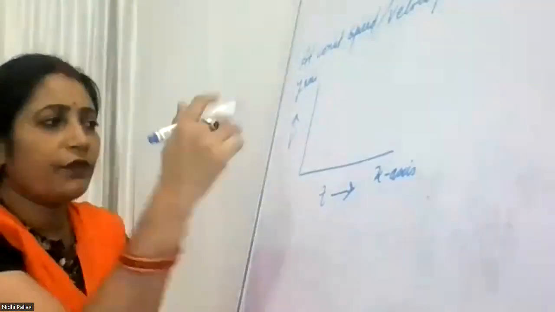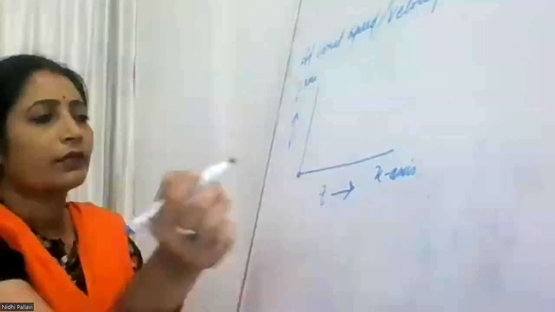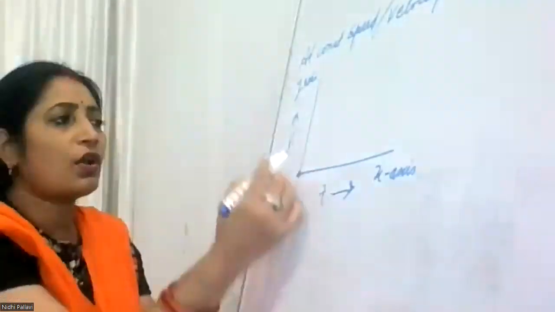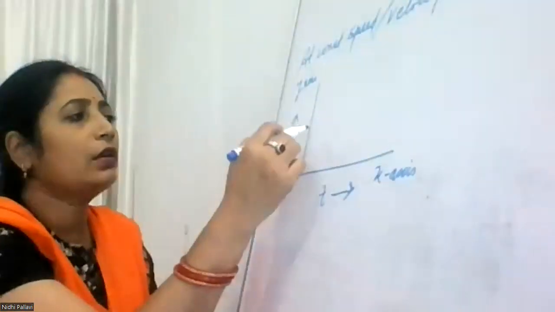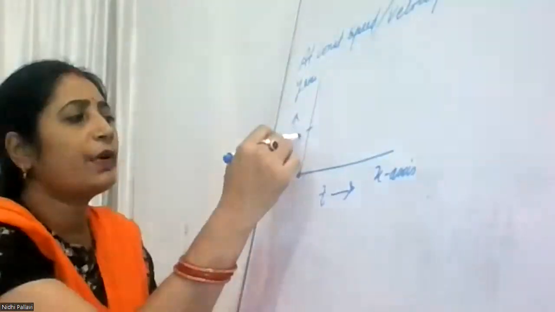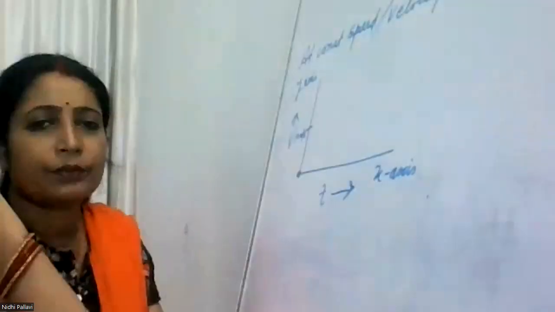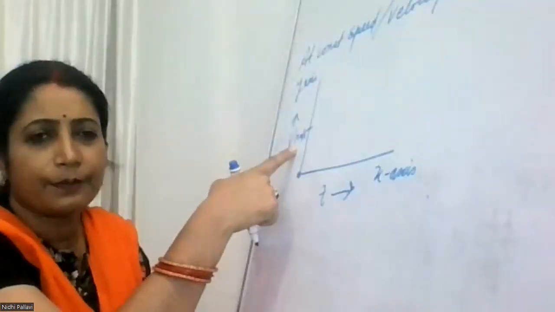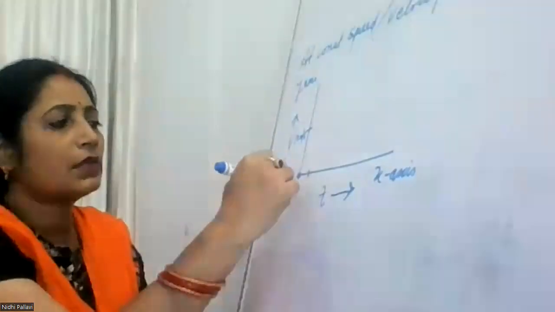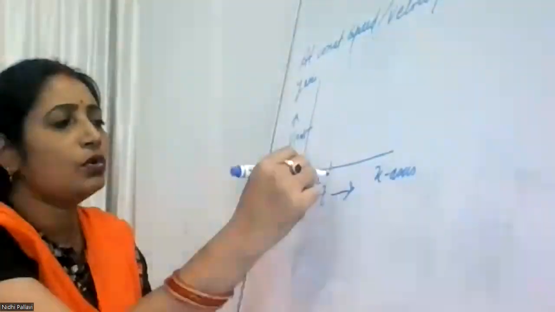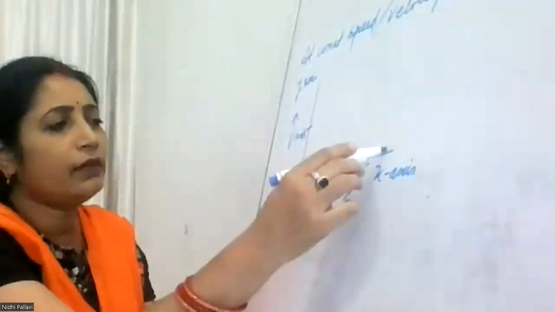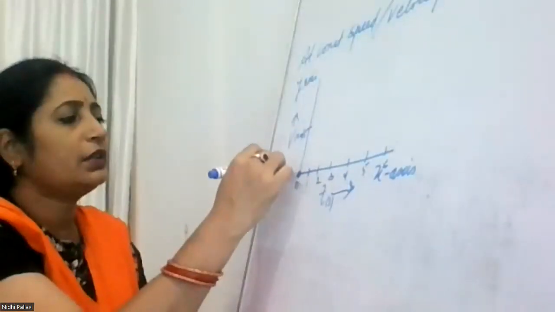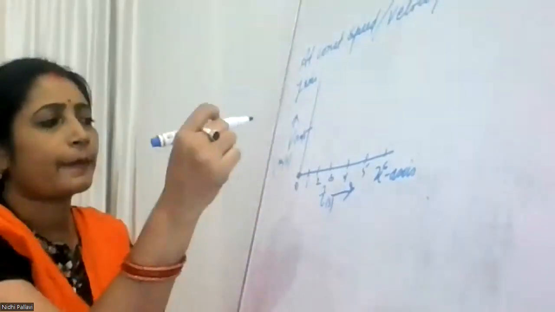Suppose a car is moving with a velocity of 10 meter per second, and this is origin 1, 2, 3, 4, 5 and 6 second. Time in second, velocity in meter per second.